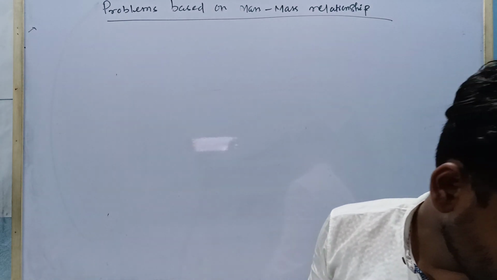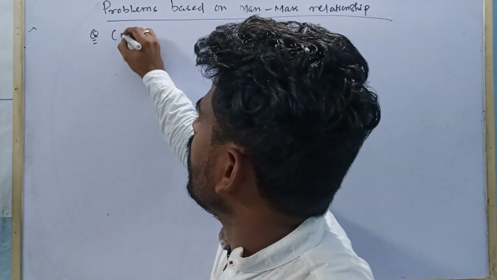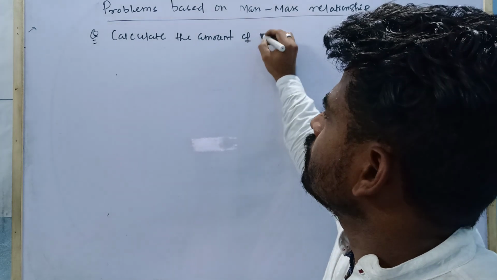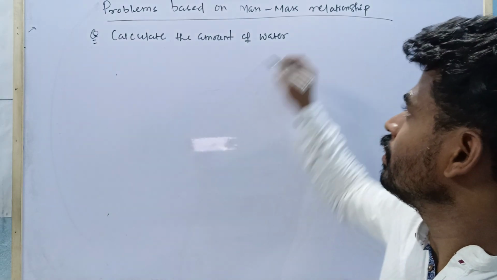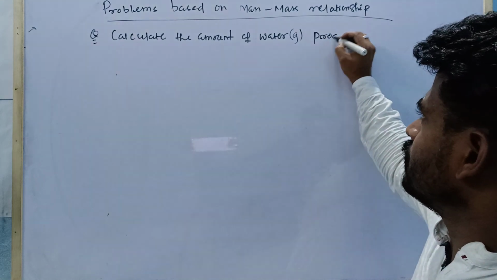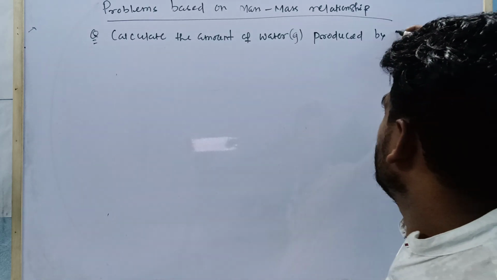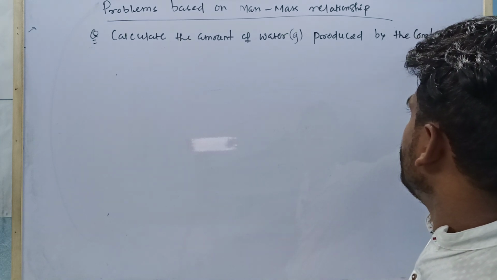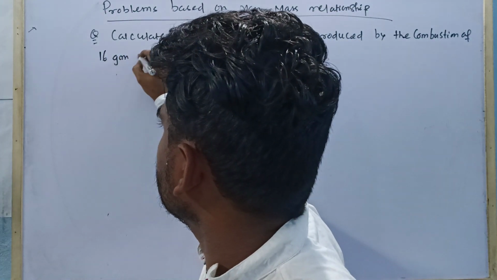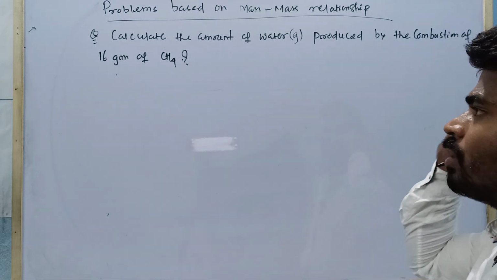Question: calculate the amount of water, that is the mass in grams, produced by the combustion of 16 gram of methane.